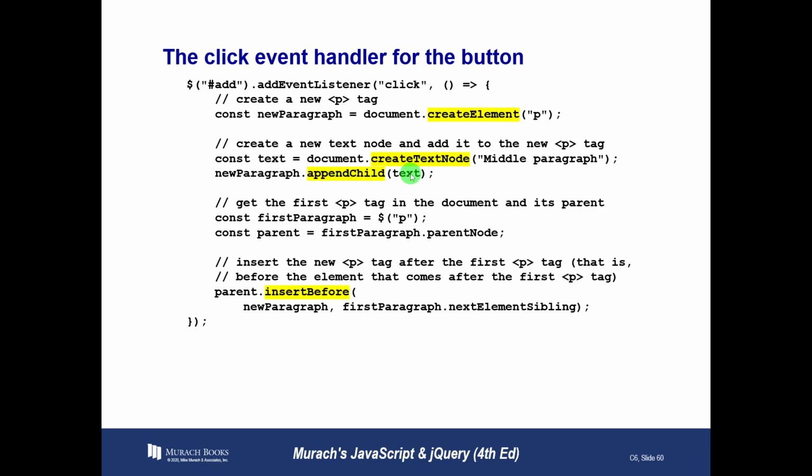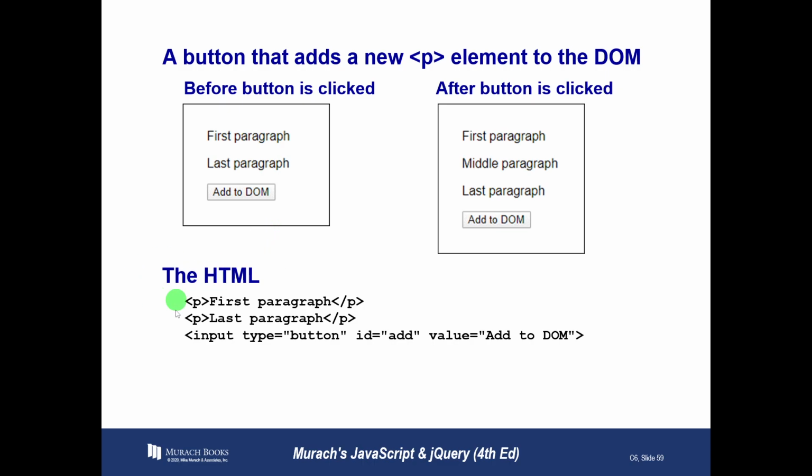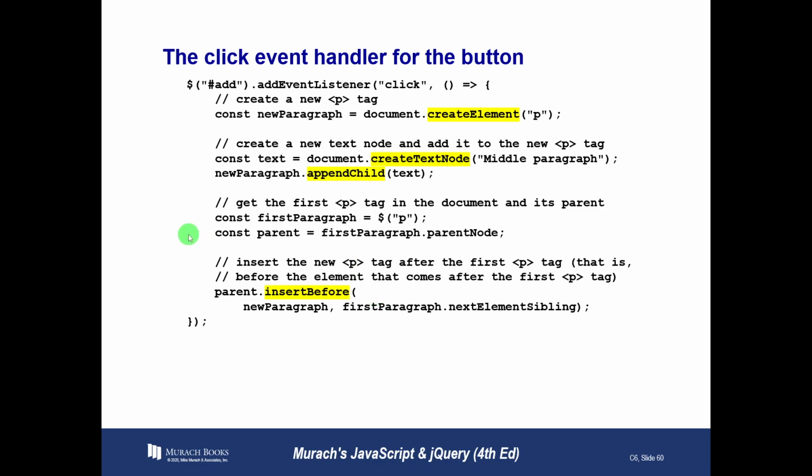Now we're going to go out to our HTML and find this first paragraph. We're going to use the dollar function and get P. That only returns one element: it's going to return the first paragraph, even though there are multiples on there. It's only going to get the first one. Then we're going to create a constant to get that first paragraph's parent node, whatever that paragraph is inside.